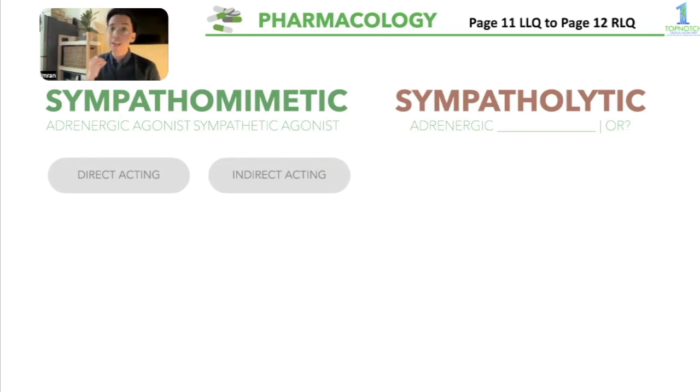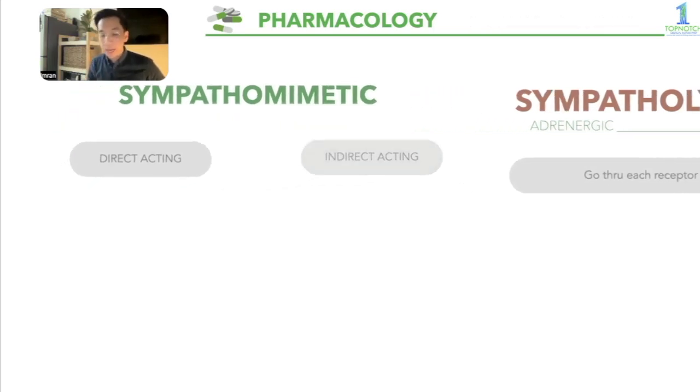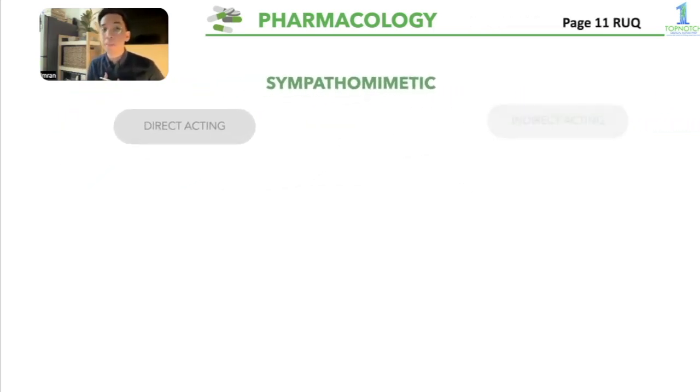While your indirect acting, later on i-explain natin to, they act on another enzyme. Yung sympatholytics naman, they are divided depende doon sa receptor na blina-block nila. Okay? Punta muna tayo sa ating direct acting na sympathomimetics. Again, pag direct acting, doon siya sa receptor mismo.